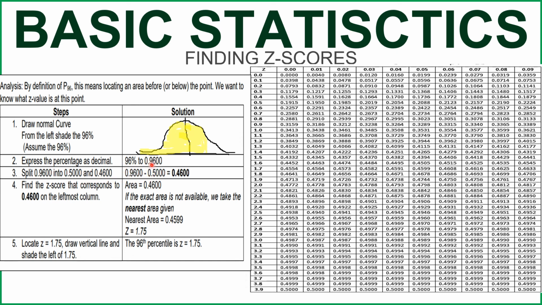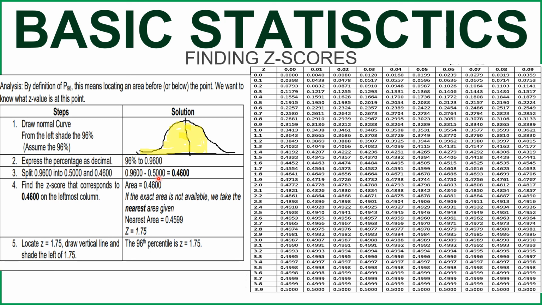Ma'am, bakit po sinubtract sa 0.5 yung 0.96? So, sa third step kasi, if the given percentage or decimal is higher than 0.5, we subtract 0.5 from the given percentage or decimal. Just like this example, sinubtract natin yung 0.5 sa 0.96.